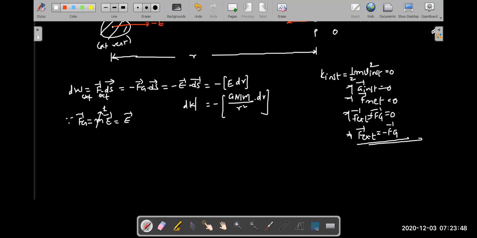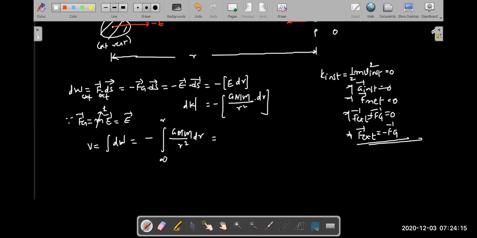But we know that the gravitational potential is nothing but the total work done in moving it from infinity to point P. So I can put this as the integral of G capital M small m by r square dr, from infinity to r.